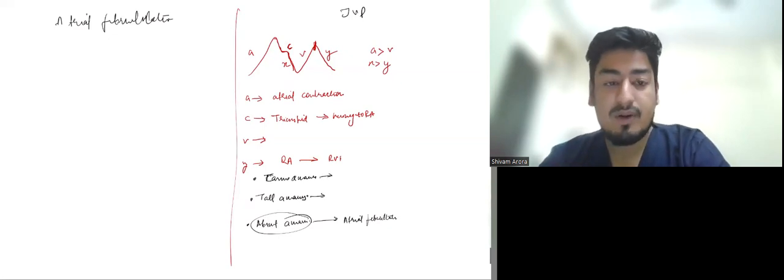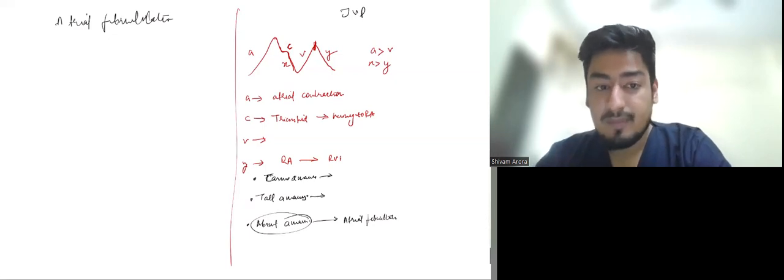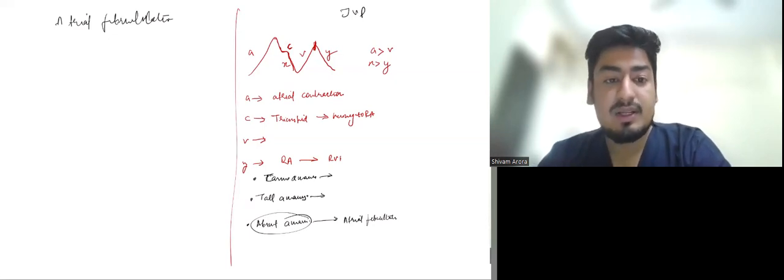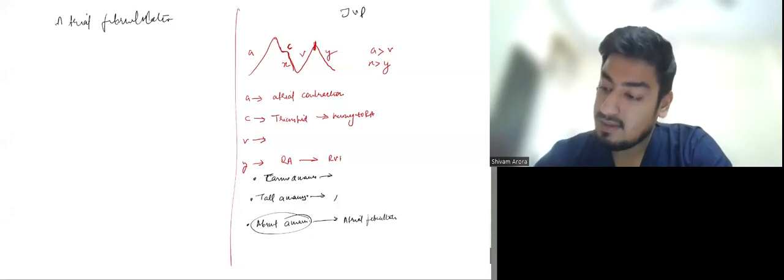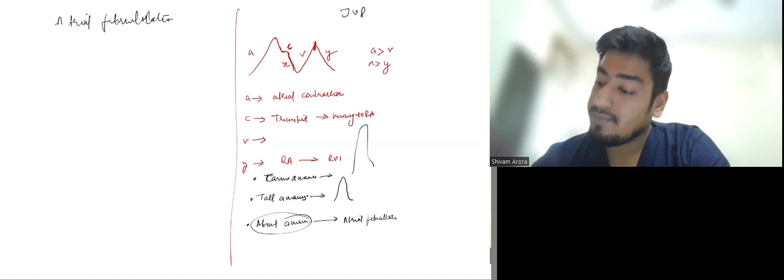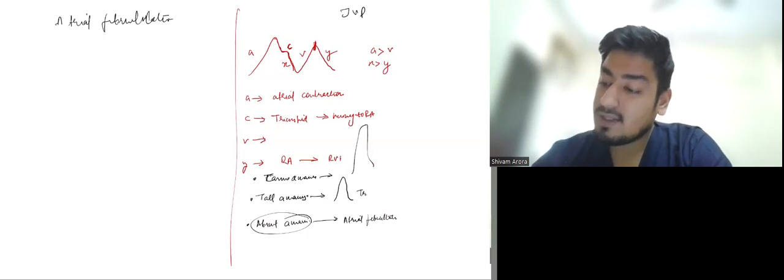So what is the difference between tall A wave and Canon A wave? Canon A waves mean that A waves are very tall, and they are mostly because of the AV dissociation, that is atria is contracting against closed tricuspid valve. So like this is a tall A wave and this is a Canon A wave. Clear? So tall A wave is because of tricuspid stenosis or PAH.